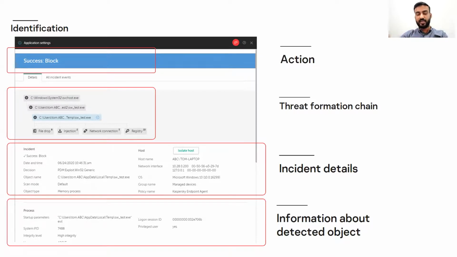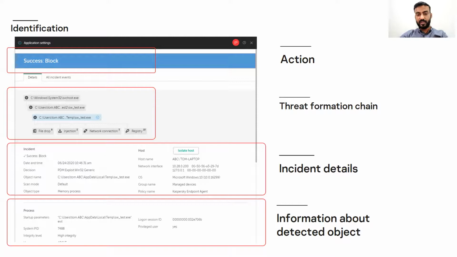And furthermore, it contains the incident details: where the file was found, what the timestamp is, who the user was, and what the operating system was. Information about the detected object is also added, like the command line parameters, the process ID that was running, and whether the user is a privileged user or not.